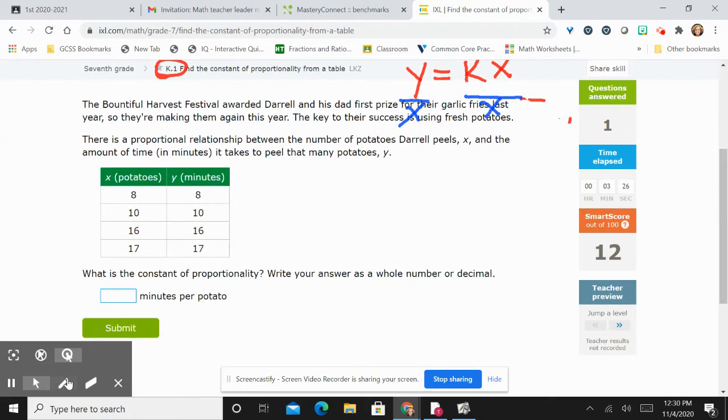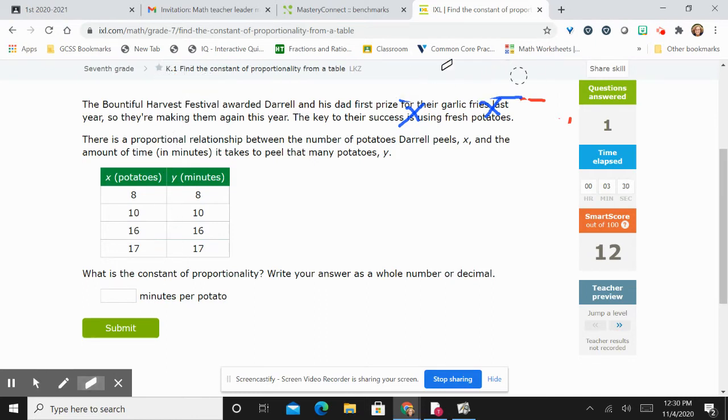All right, let's look at, again, we're going to use the same formula. Y equals KX.